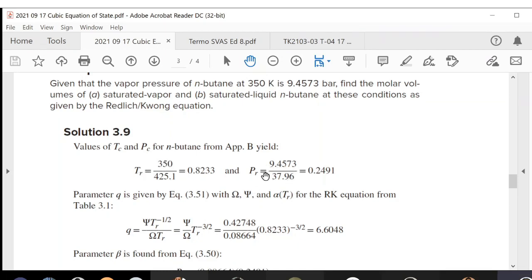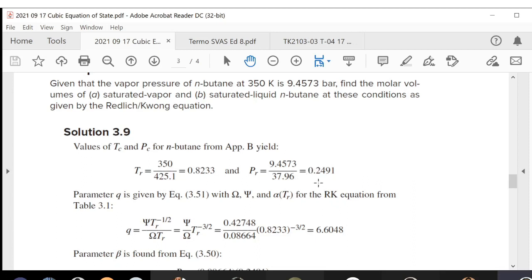How to find the critical pressure? Later we will go through the table, but the reduced pressure is the actual pressure divided by the critical pressure. What is the actual pressure? 9.4. The critical pressure is 37.9. Then we get this reduced pressure.